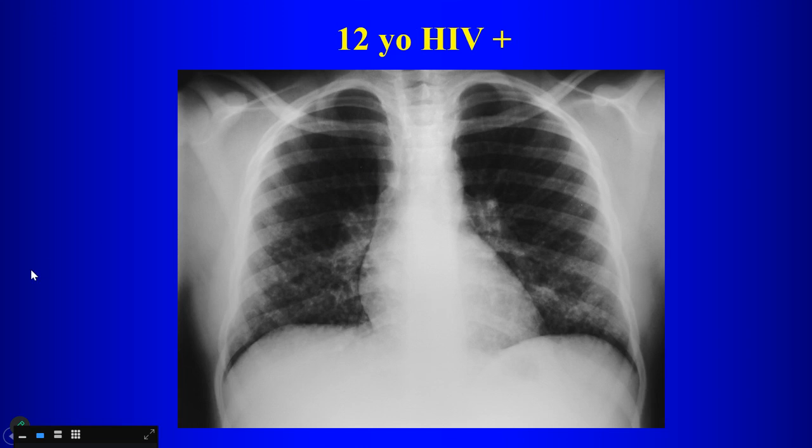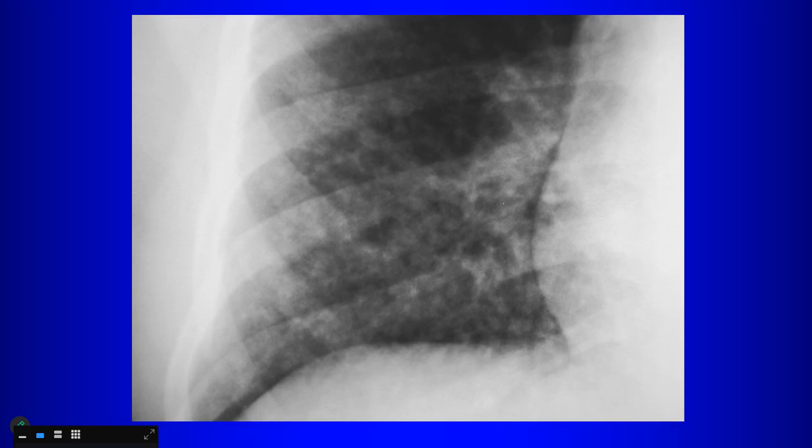This is a 12-year-old who's HIV positive. See anything on the chest radiograph? Let's give you a close look. What do we see on the chest radiograph? Nodular opacity. Yeah, so we see these small nodules. So what could this be?